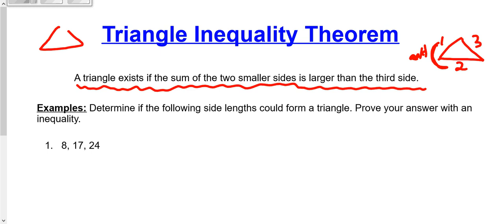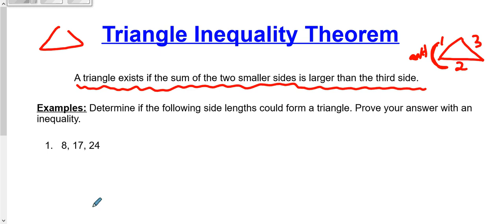So looking at our first example, we have to determine if the following side lengths form a triangle, and prove your answer with the inequality. The 3 sides that we're looking at here are 8, 17, and 24. Normally you would test all 3 sides, like 8 plus 17, then 17 plus 24, and then 8 plus 24.